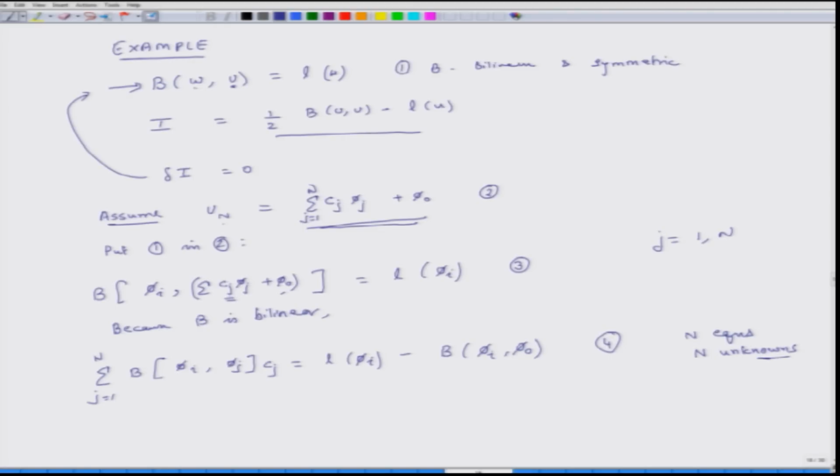Essentially what I will get is a B matrix multiplied by a vector C, and this is equal to a vector F. So this is known, this is unknown, and this is known.